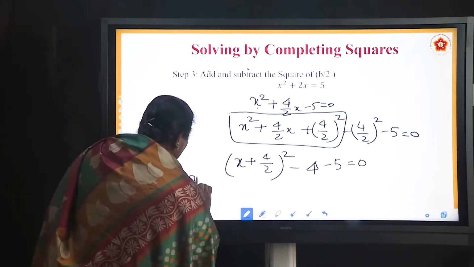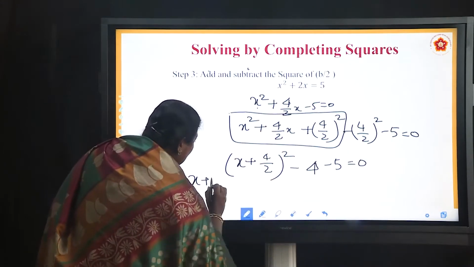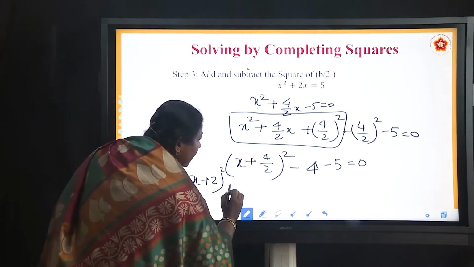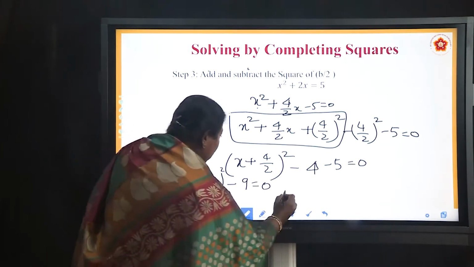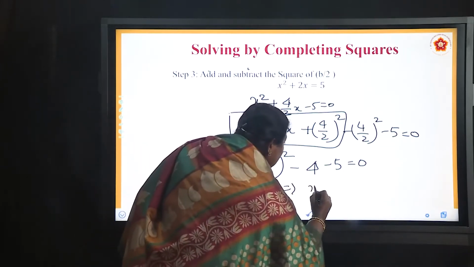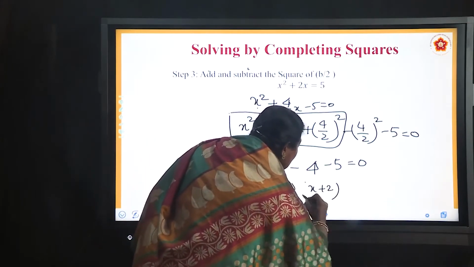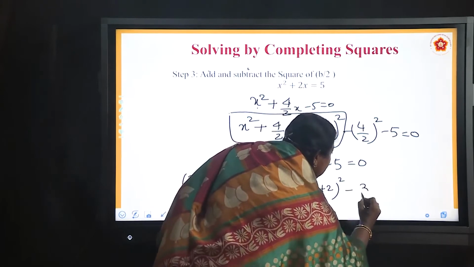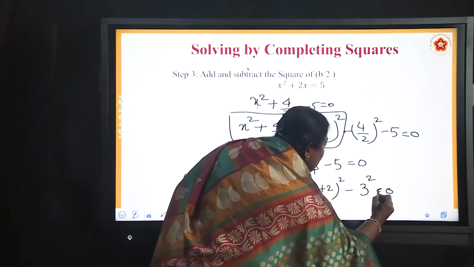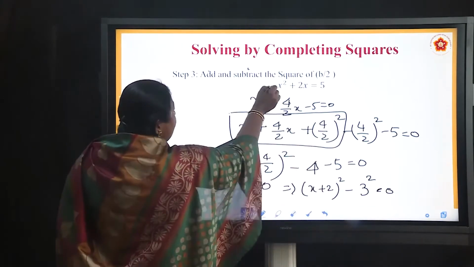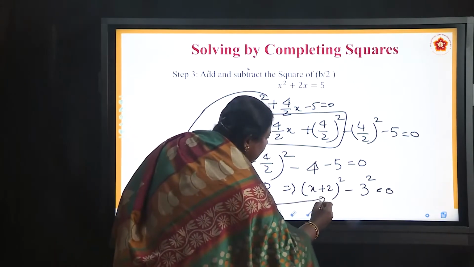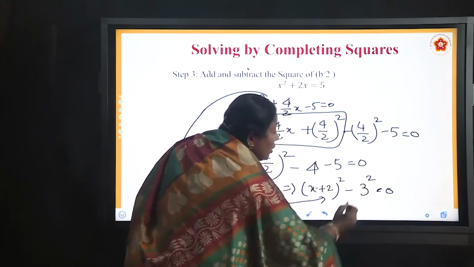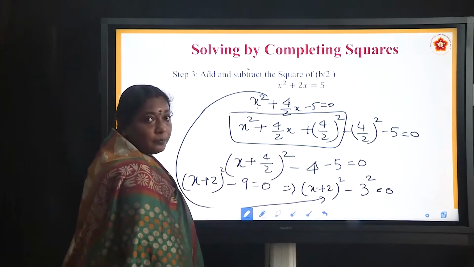So it will be x plus 2 the whole square minus 9 is equal to 0, which implies x plus 2 the whole square minus 3 square equal to 0. So now after simplifying everything, we reached this point, that a square minus b square form, right?